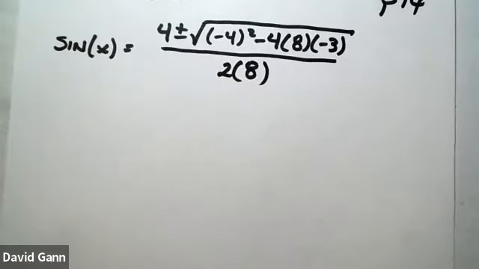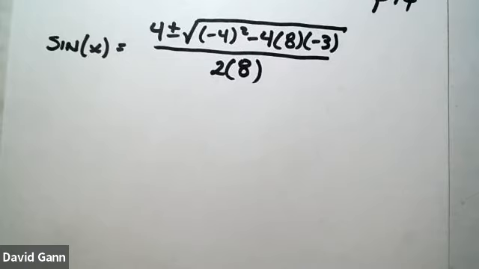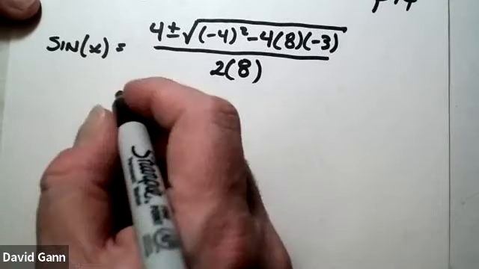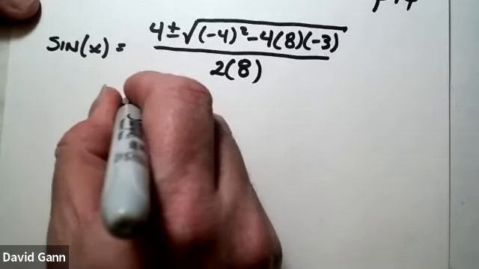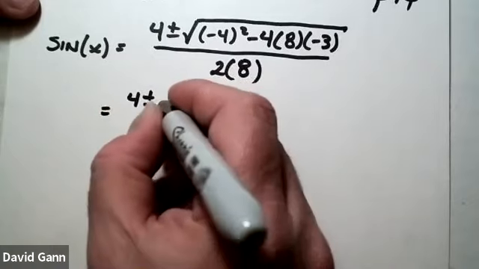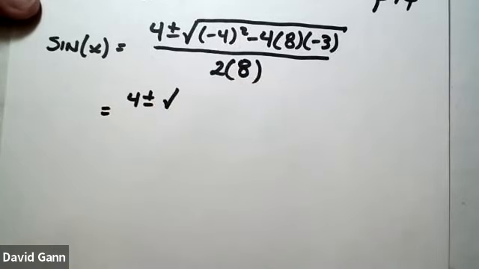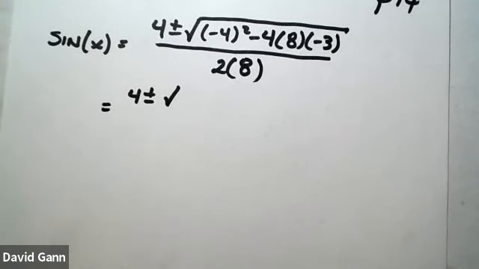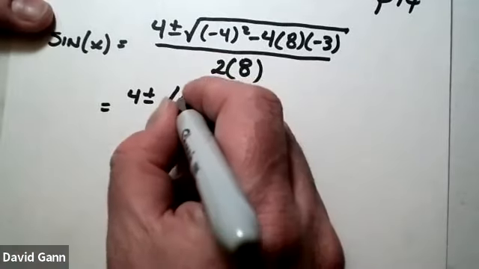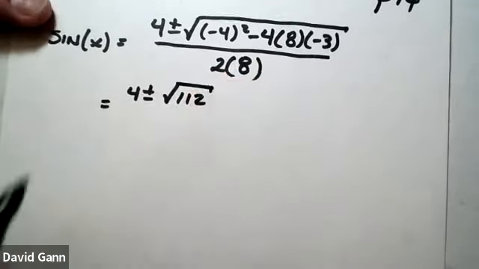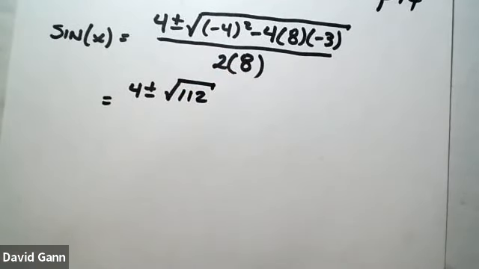Let's simplify this goofy radical looking expression. We've got 4 plus or minus the square root, well, that's 16. I'm just going to pull my calculator out because I don't want to screw this up. So 4 times 8 times 3 plus 16. It's going to be the square root of 112, which we can probably simplify down a little bit.